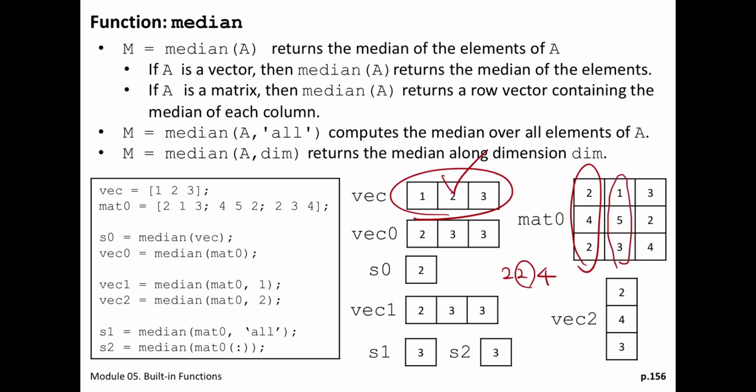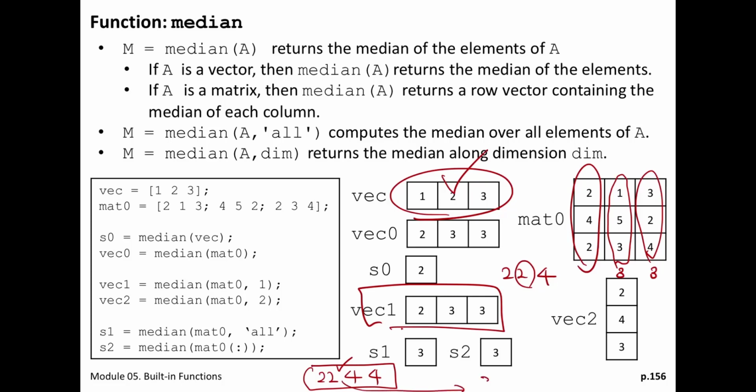What is the middle value here? That is 3. That is 3 as well. So we get this one. What about the middle value of this one? It's an even number of elements. After sorting it, you pick the middle of the adjacent elements, the middle element.